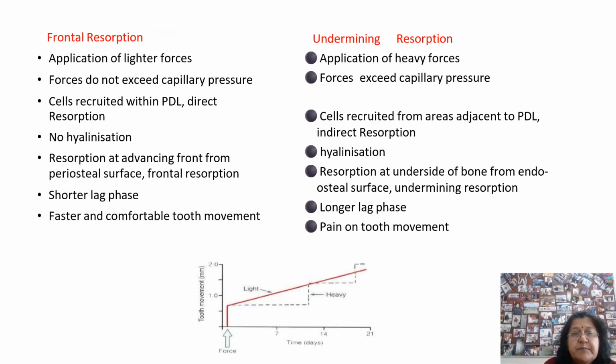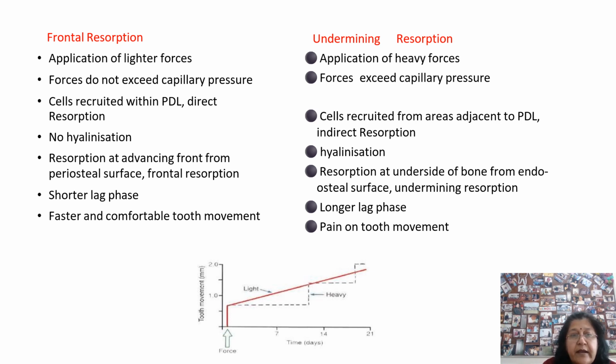So what are the differences between frontal and undermining resorption? Application of lighter forces causes frontal resorption, whereas application of heavy forces causes undermining resorption. In frontal resorption, the forces do not exceed the capillary pressure, whereas in undermining resorption, the forces exceed capillary pressure. The cells are recruited from within the PDL in direct resorption, whereas the cells are recruited from areas adjacent to the PDL in indirect resorption.